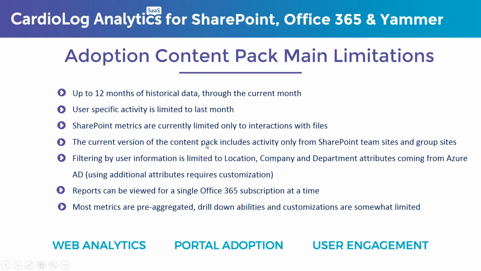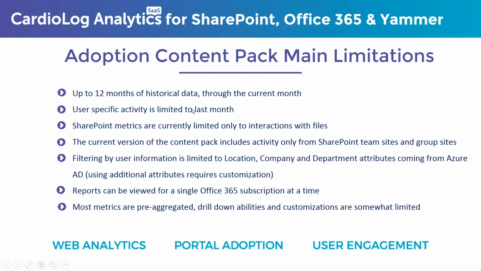In terms of the limitations of the content pack, first, historic data is only available for 12 months, which is a lot more than what we used to have, but it doesn't really allow us to see a further or more in-depth trend over time. For example, compare the month in this year to the same month in the last year.